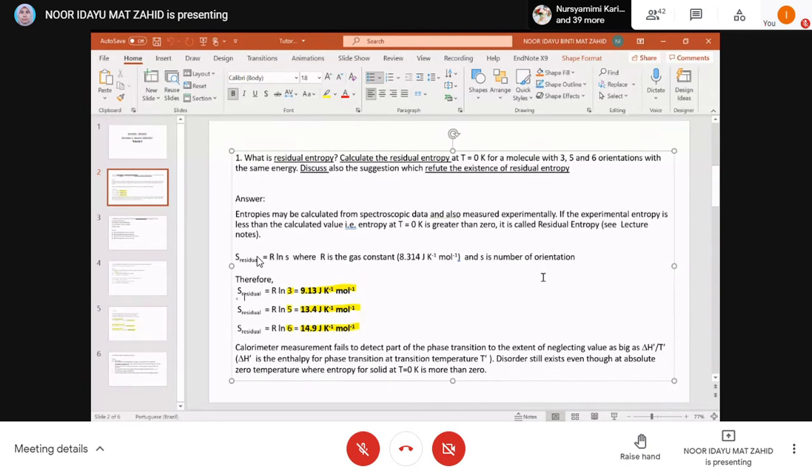At the same time, bear in mind that this order still exists even at absolute zero temperature, where entropy for a solid at 0 K is more than 0. So some scientists believe that residual entropy does not exist due to these arguments from the experimental part, and also because even at 0 Kelvin, the entropy value can still be more than 0 joule per Kelvin.